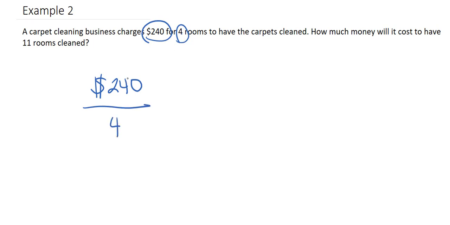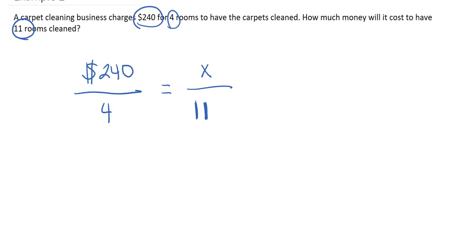If we put the money on the top, then we need to have the money also on the top on the other one. So we don't know how much money is on the second one, but we know we have 11 rooms. So instead of 4, we have 11. So we are looking then for this X, for how much money it costs for 11 rooms.